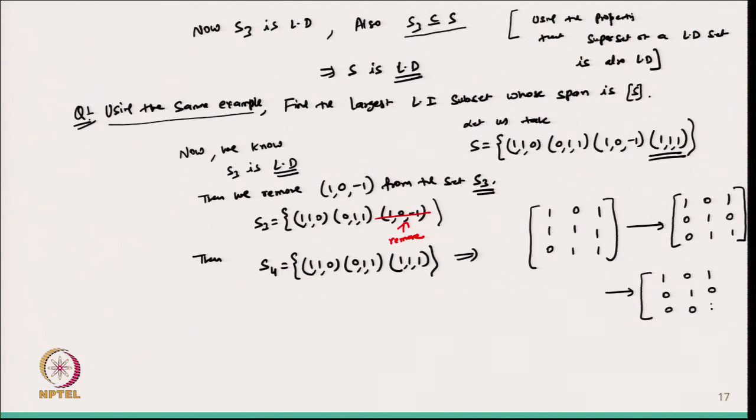So, it is 0 and 1. So, the rank of this matrix is 3. So, S4 is linearly independent.